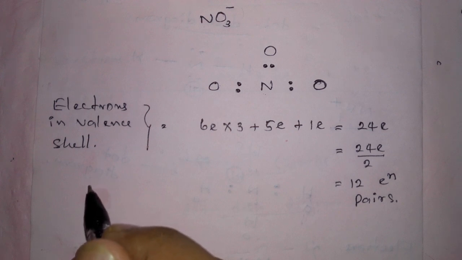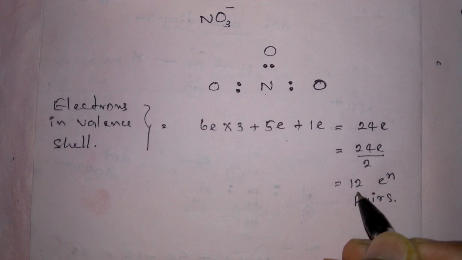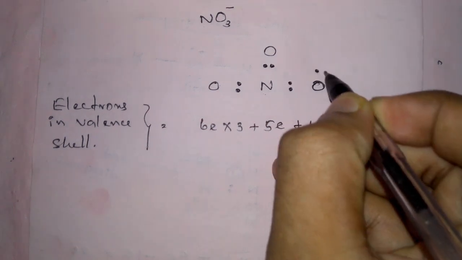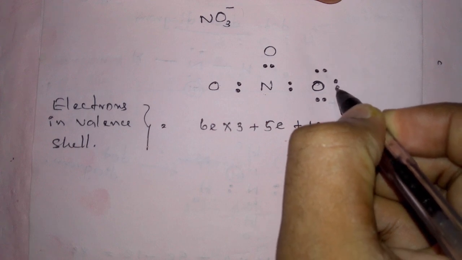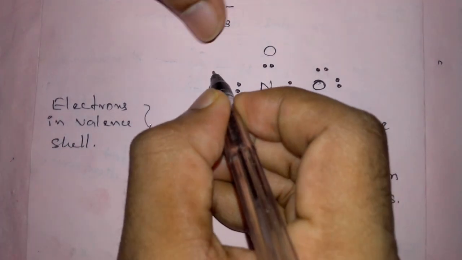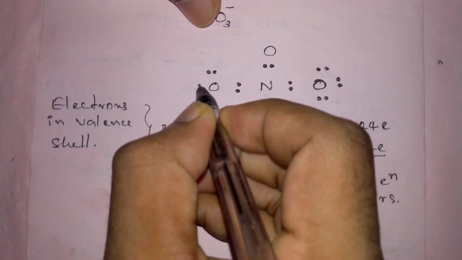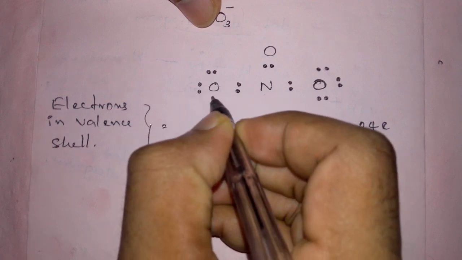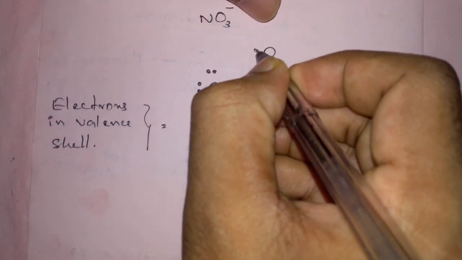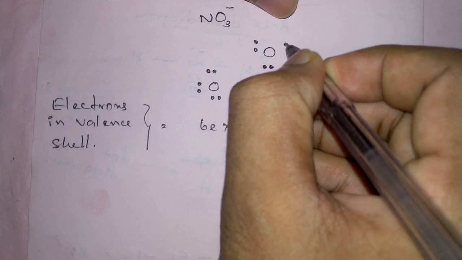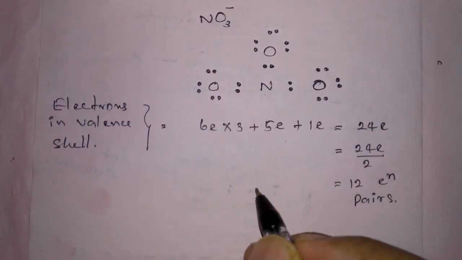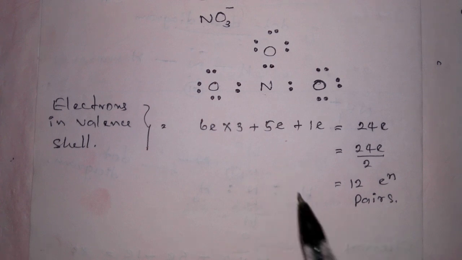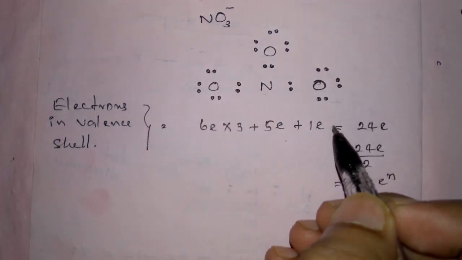So first complete the octet of oxygen atom by providing these remaining electron pairs like this. And the other oxygen also. Like this. So we have marked all the electron pairs.